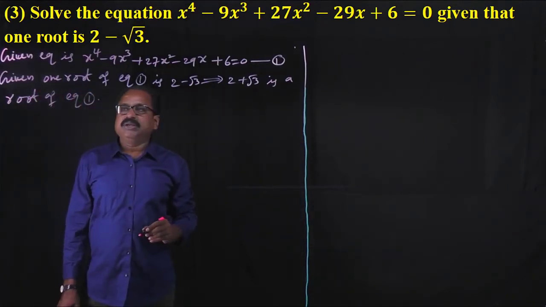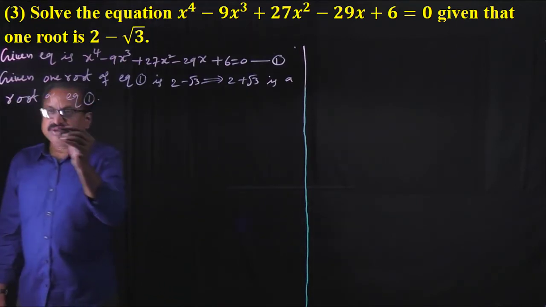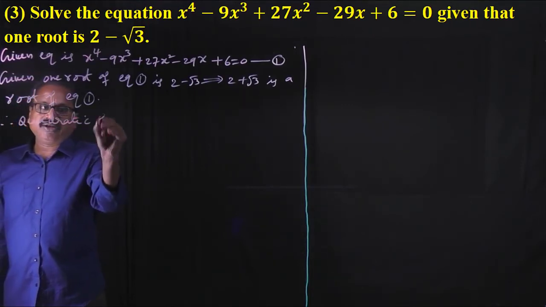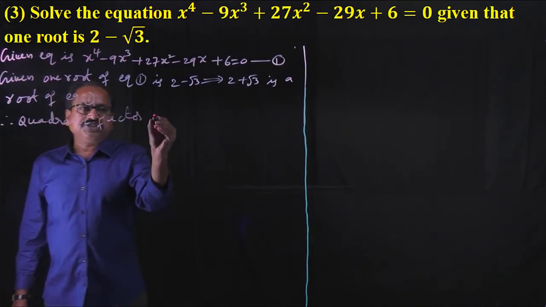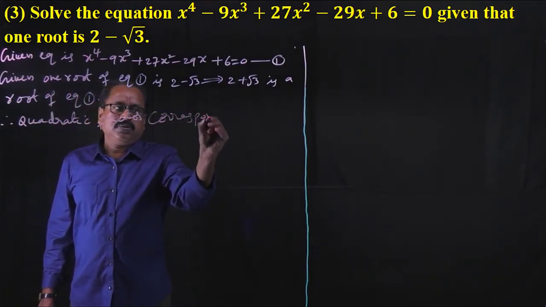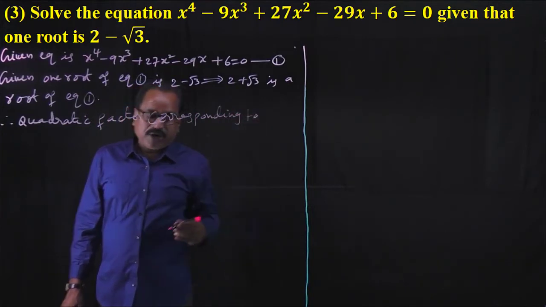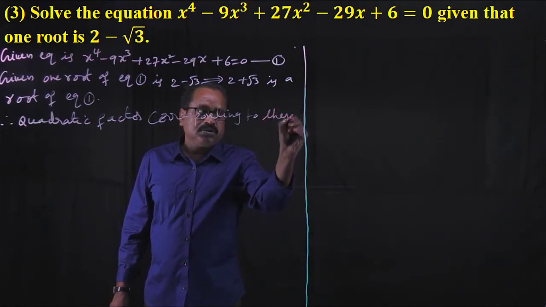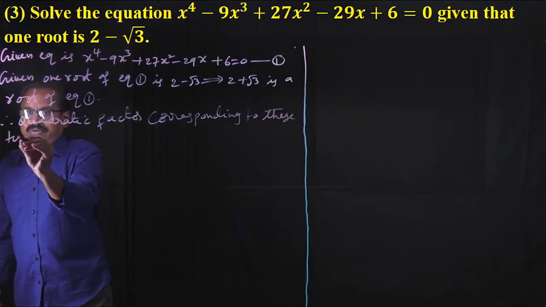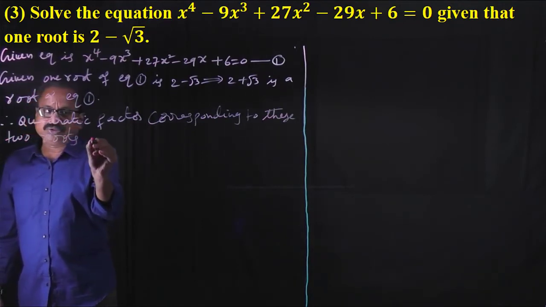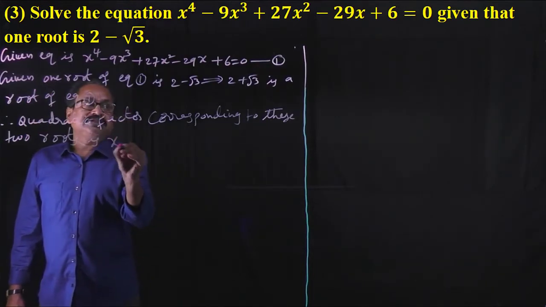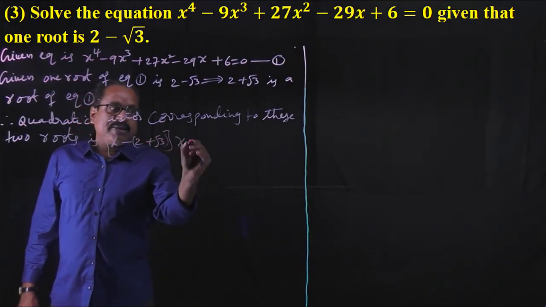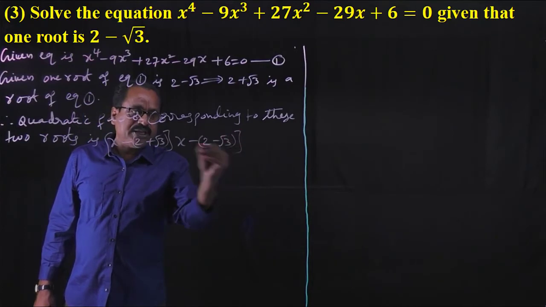Therefore, the quadratic factor corresponding to these two roots is x minus of 2 plus root 3 into x minus of 2 minus root 3.